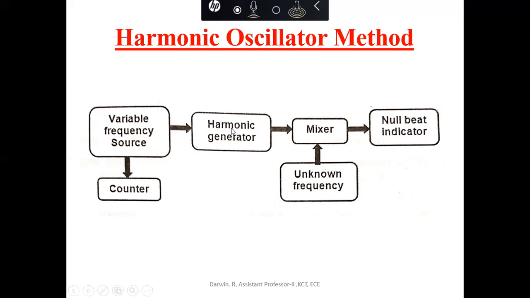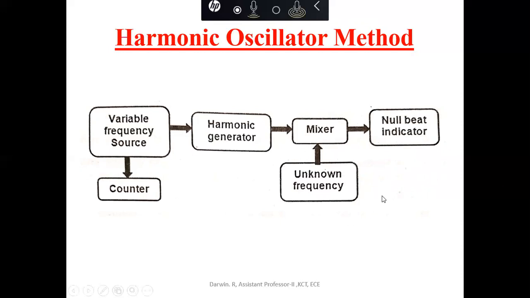This is unknown. If these two are connected as inputs to the mixer, you all know the function of a mixer. A mixer will give you two types of output. If this is input number 1 and this is input number 2, the output of the mixer will be 1 plus 2 or 1 minus 2. Generally, we prefer 1 minus 2. To find the frequency, the unknown frequency is directly connected to the mixer.